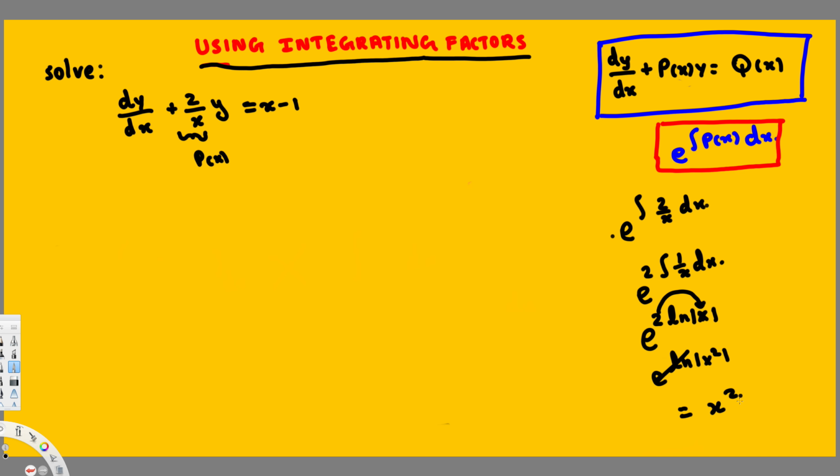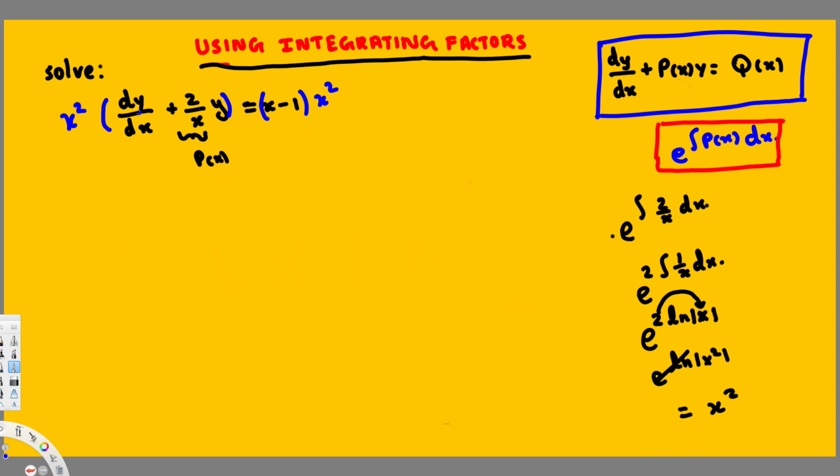Now after we found the integrating factor, we have to go ahead and multiply both sides of the given differential equation by this integrating factor. So this is going to be x square on this side and also x square on the other side.